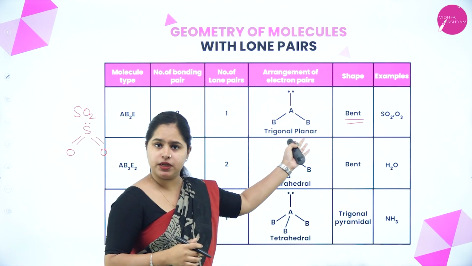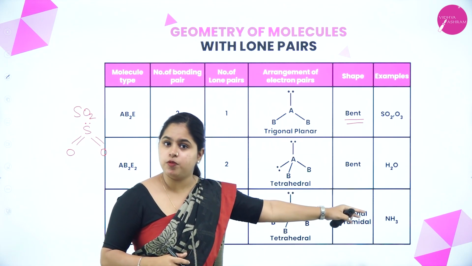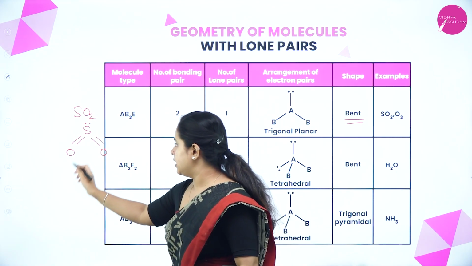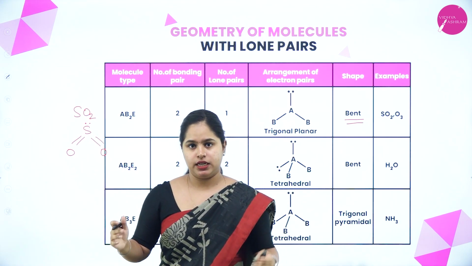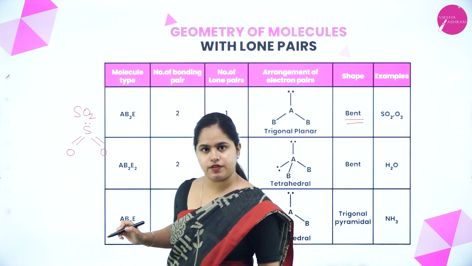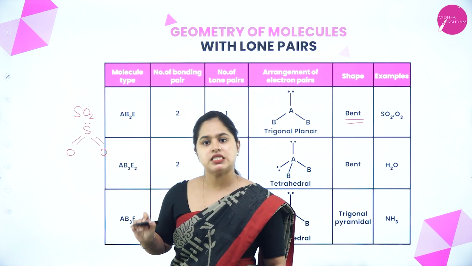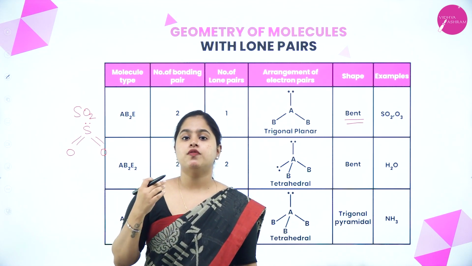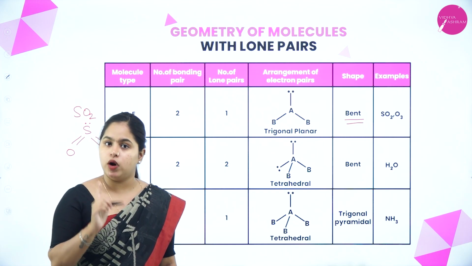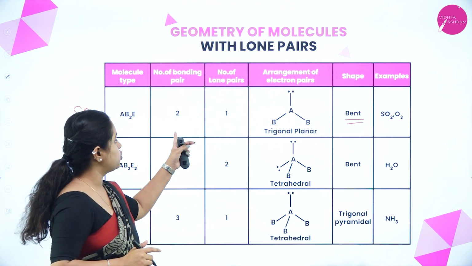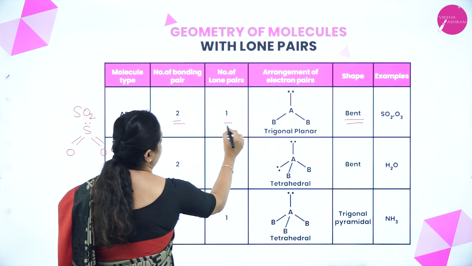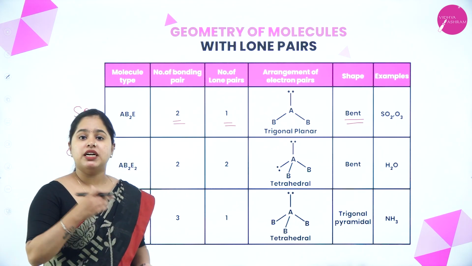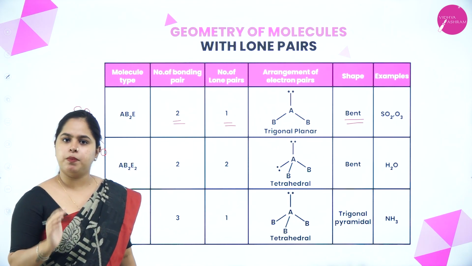The geometry will be the same, but the shape will be different. As you can see, the shape is bent, like a V shape. Such shapes are called bent. So when there are 2 bond pairs and 1 lone pair, the shape is bent, but the geometry is trigonal planar itself.